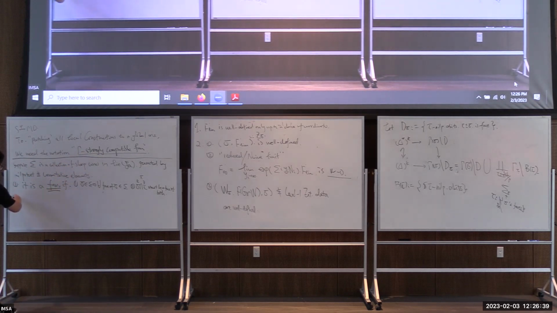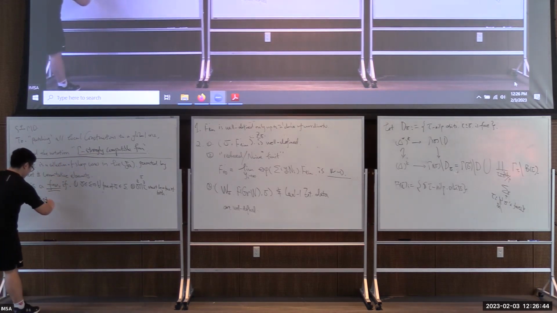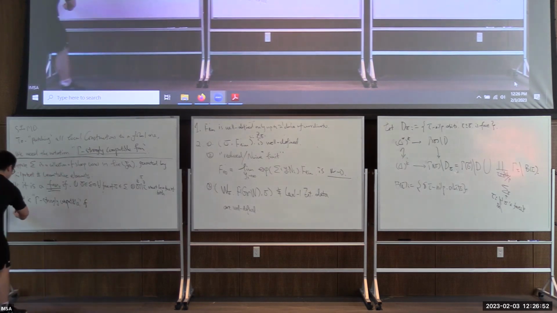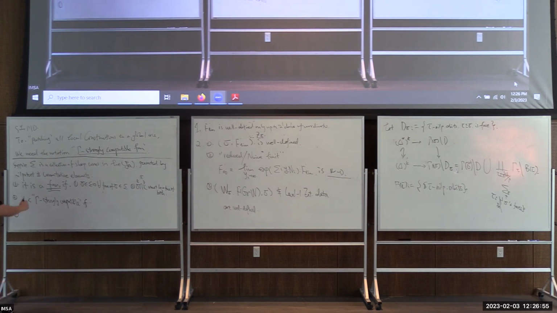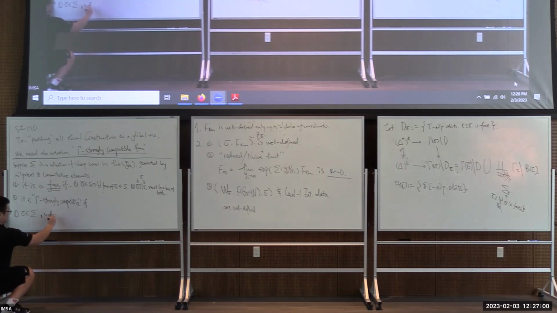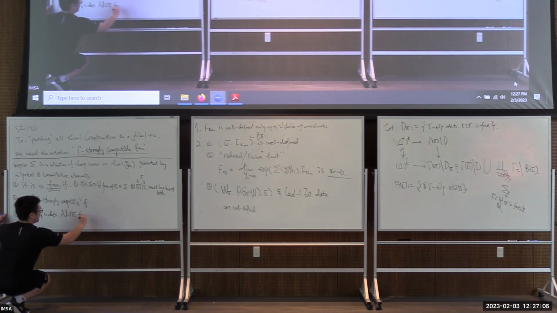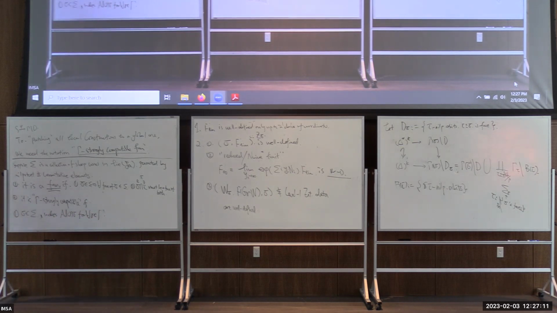So this is a fan. It is Γ strongly compatible if the following two conditions are satisfied. The first is that if σ is in this collection, so is the adjoint action of γ on σ, for any element γ in this group Γ. So this means the collection should also be closed under the adjoint Γ action.